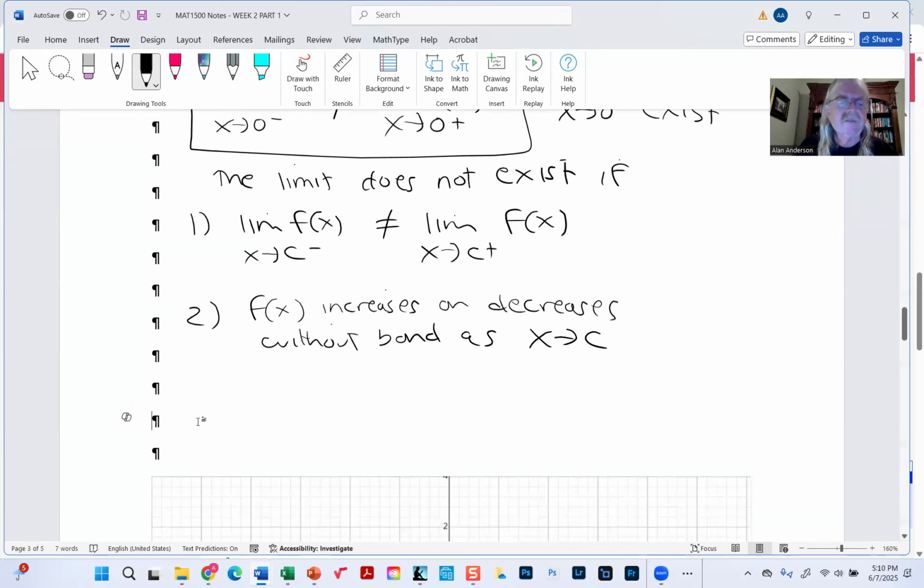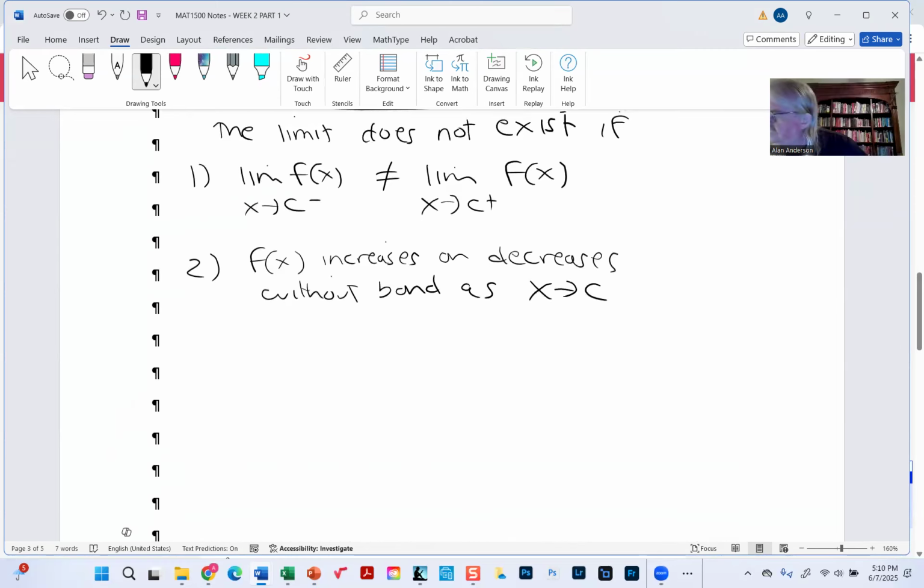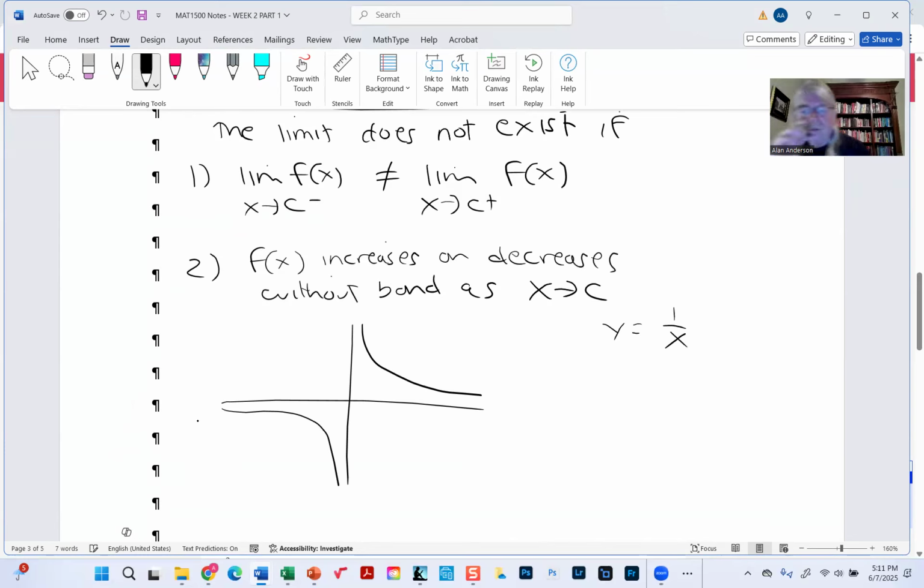So the case I'm thinking of here is this one. This is what 1 over x looks like. And if you notice, the vertical axis is an asymptote. So as x approaches 0 from the left, you notice how the function is getting very, very small.